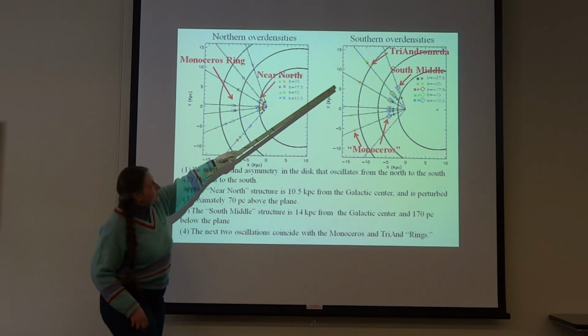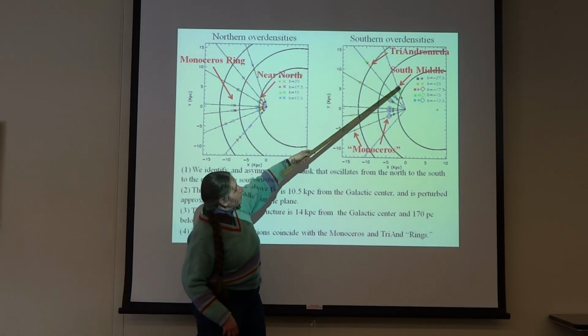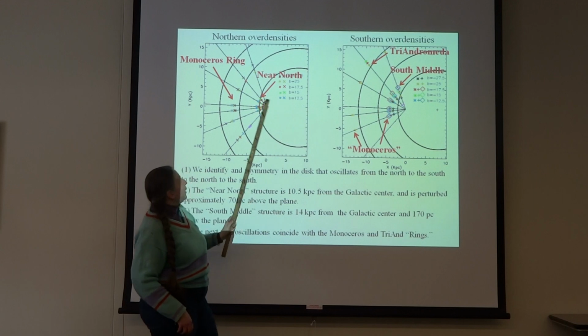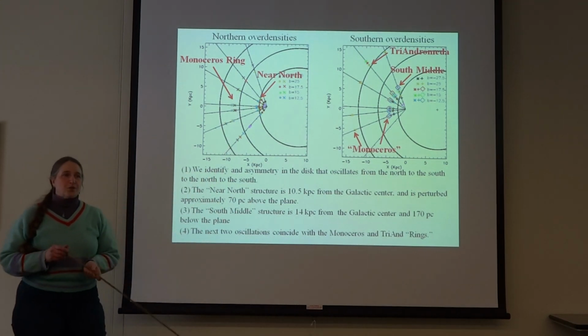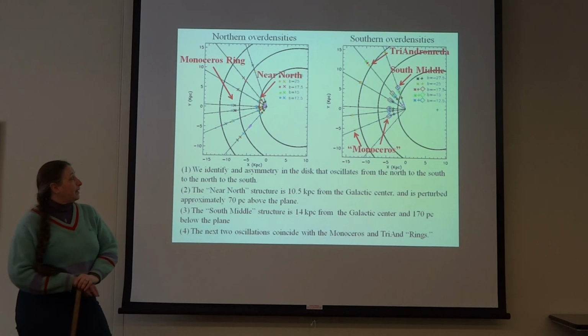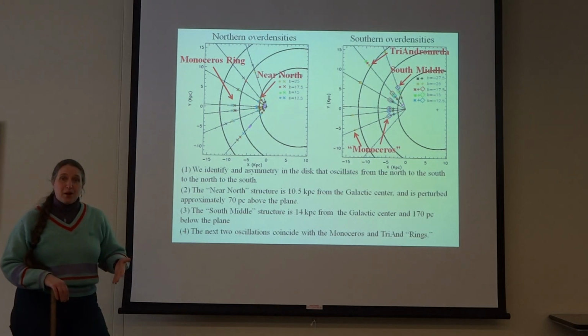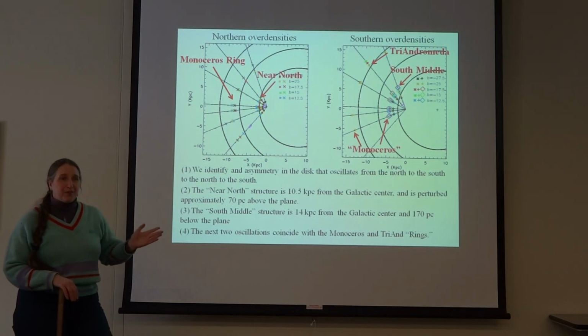And you see the same thing in Triangle and Andromeda. It gets a little bit further as you go over here. Same thing with the south middle. It's a little further. The near north is too close for us to make that kind of measurement, for more technical reasons. But it turns out that the spiral arms of the Milky Way follow about those same directions.